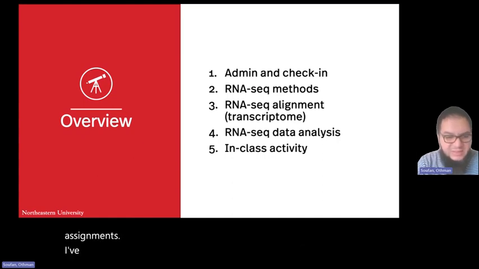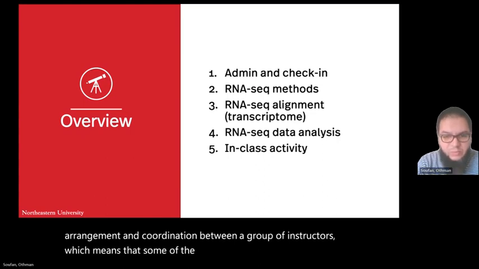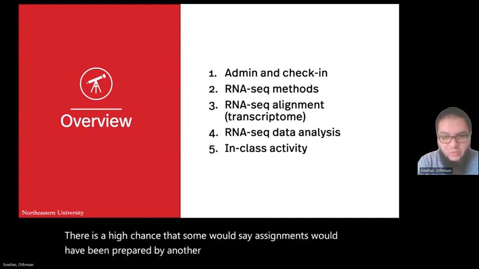I've stated this earlier. This course is special in terms of arrangement and coordination between a group of instructors, which means that there is a high chance that some assignments would have been prepared by another instructor, which was the case for the last one.